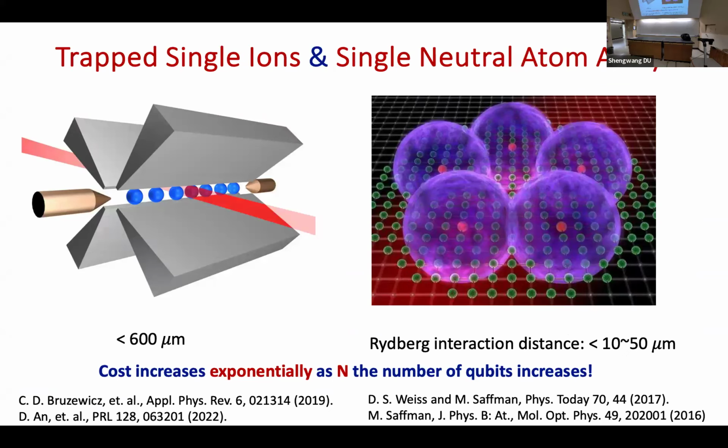IonQ is only 32, and if you go to 50, it probably exceeds this limit. For the neutral atom, which uses Rydberg interaction, the distance is also only about 10 to 50 microns. So if an atom is out of this region, you cannot directly have the interaction, and that also limits the connectivity.